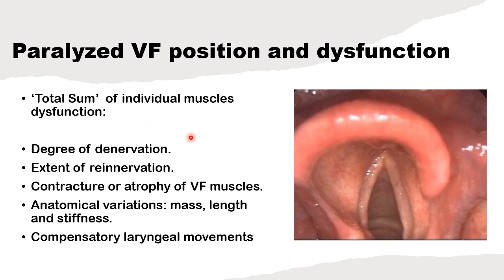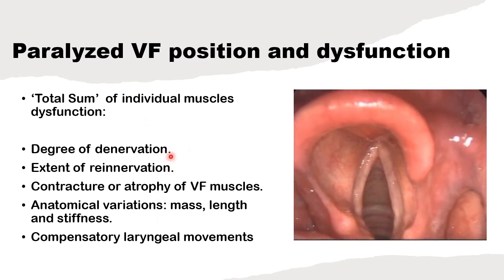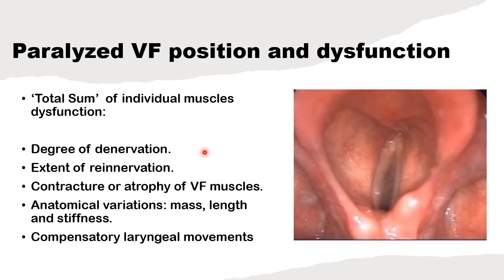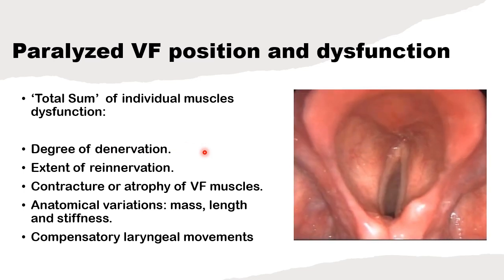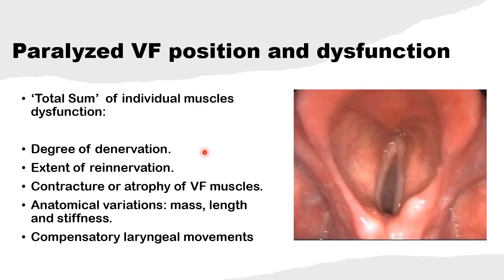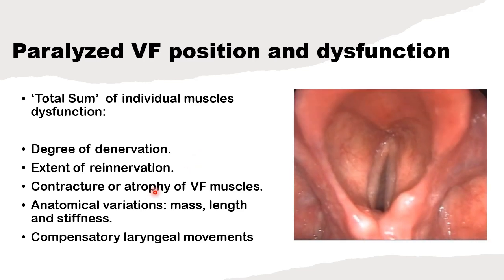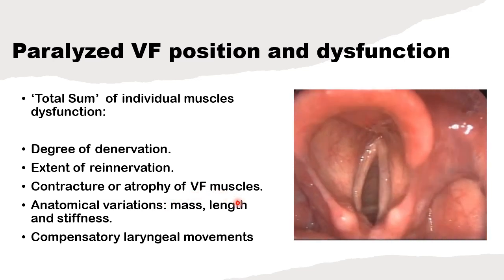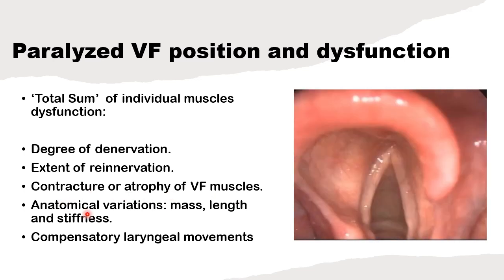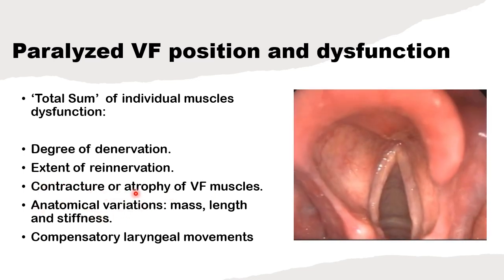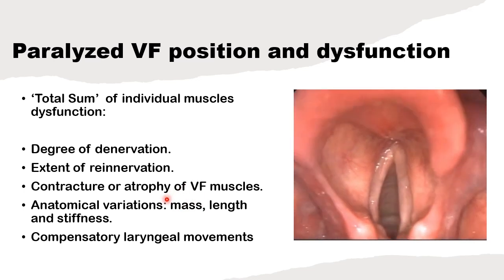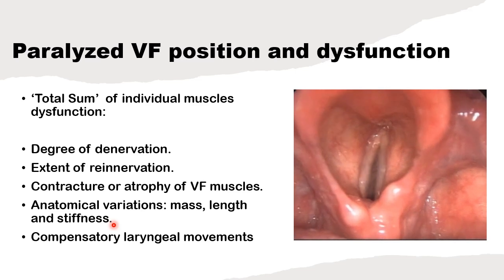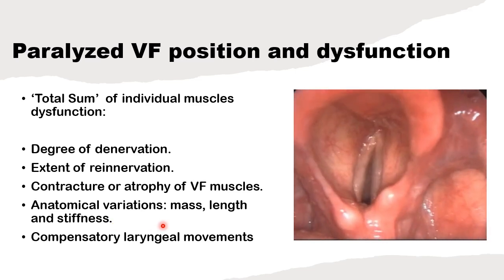This in turn depends on these factors and maybe more: the degree of the denervation, whether it is complete or incomplete, partial or not, the extent of re-innervation, the contracture or atrophy of the denervated vocal fold muscles, the individual variations in the anatomy of the laryngeal muscles, the variations in the mass of the muscles, its length and its stiffness, and any compensatory laryngeal movements.